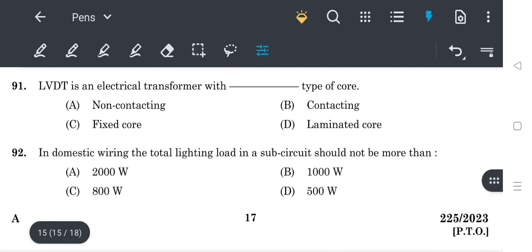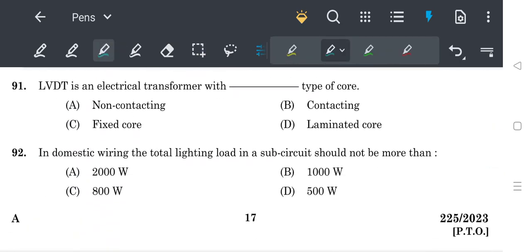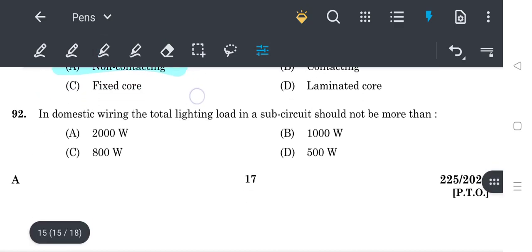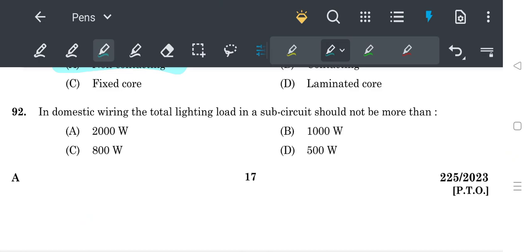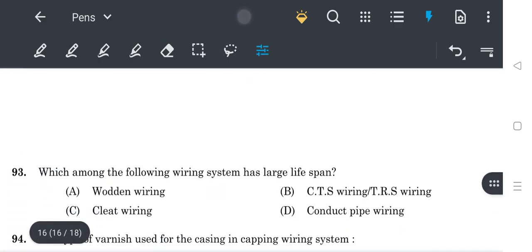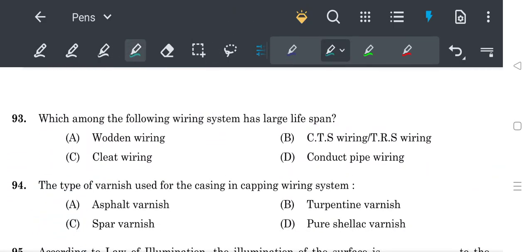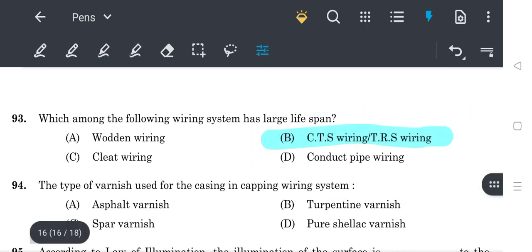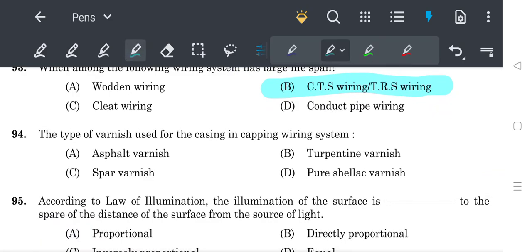91, LVDT is an electromagnetic transformer with a dash type of core. Answer, non-contacting. In a domestic wiring, the total lighting load of a sub-circuit should not be more than 800 watt. Next one, which of the following wiring systems has a large lifespan? Answer option B. Next one, 94.